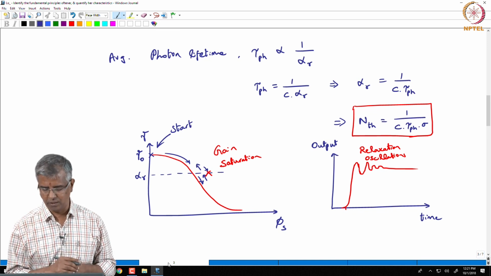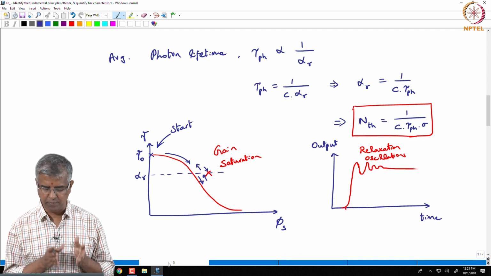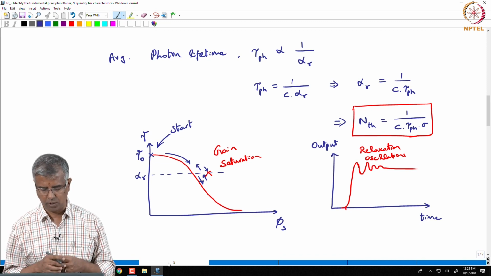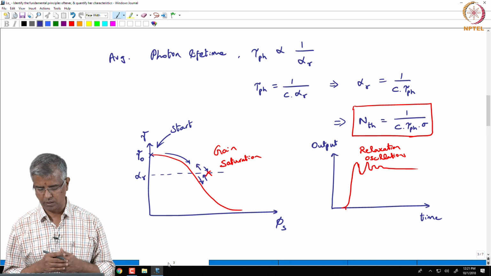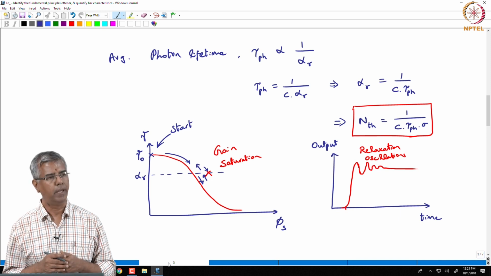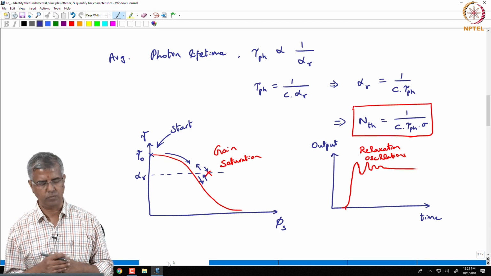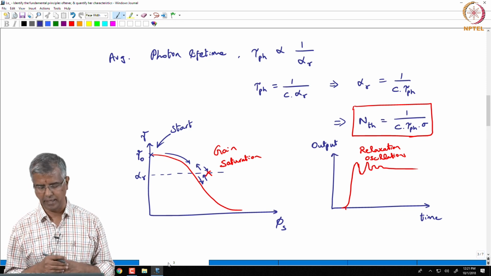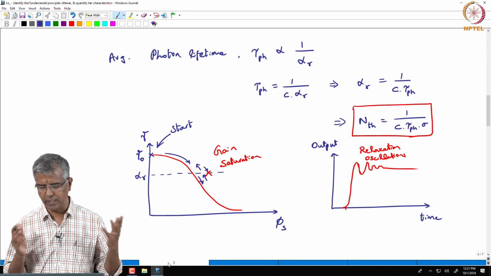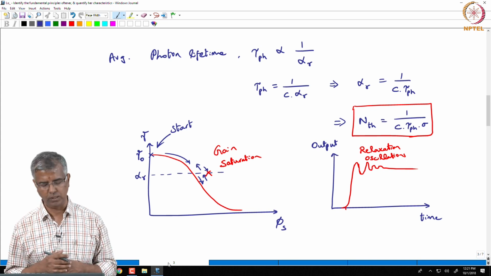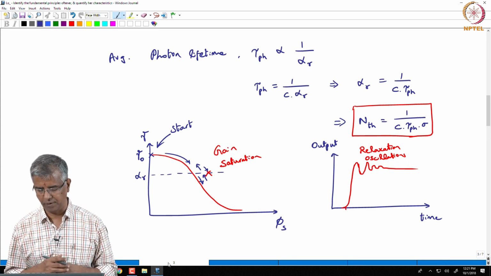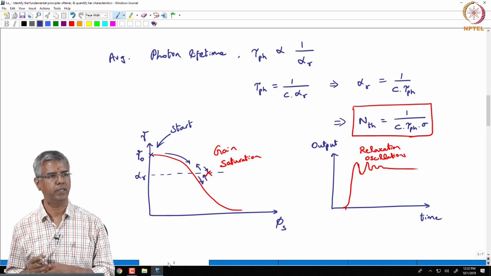What happens when we turn on the laser is we have initially very few photons at the signal wavelength, and so you have a fairly high gain. That is what we call the small signal gain. But as you build up more and more of these photons at the signal wavelength, the gain starts saturating.